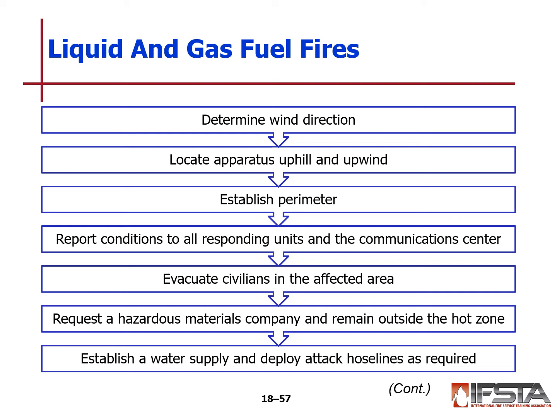So we want to determine the direction of the wind, locate our apparatus upwind and uphill, establish our perimeter, report the conditions to all responding units, and evacuate any civilians in the affected area. We may request hazmat companies and remain outside of the hot zone, establish a water supply, and deploy attack lines as required.